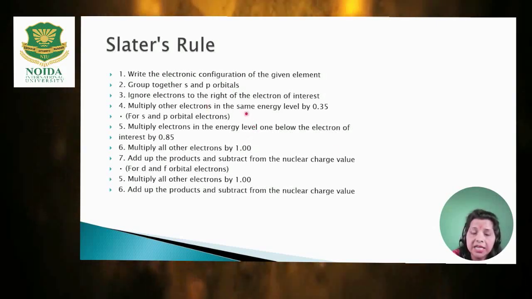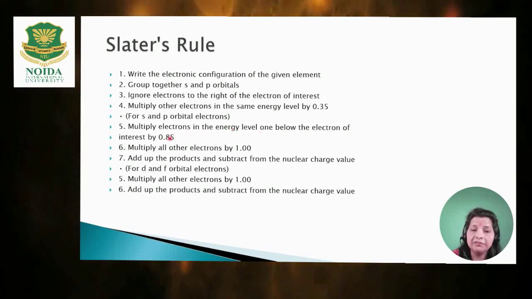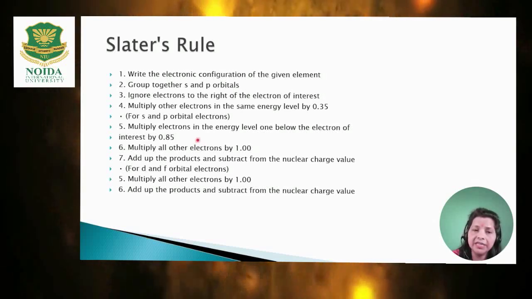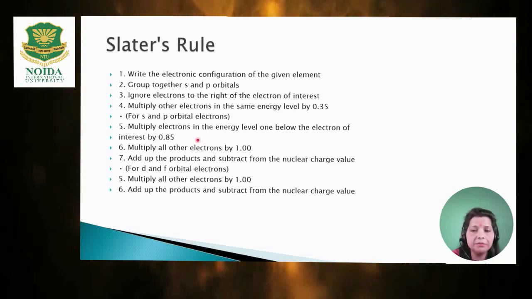Electrons present in the same shell are multiplied by 0.35 for s and p orbitals, those in n-1 are multiplied by 0.85, and those below n-1 are multiplied by 1.0 only, if your electron belongs to the s or p block orbital.